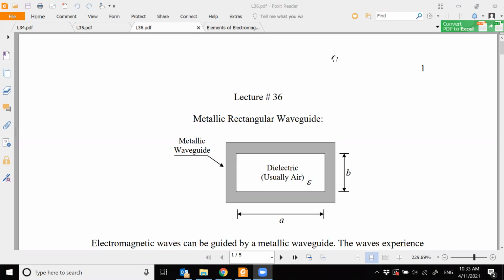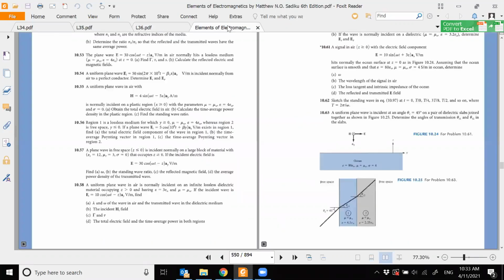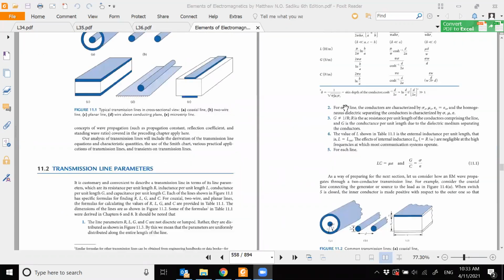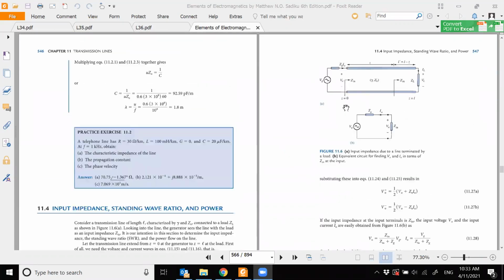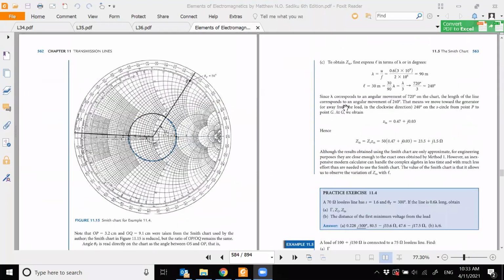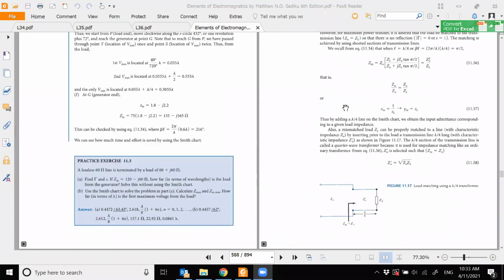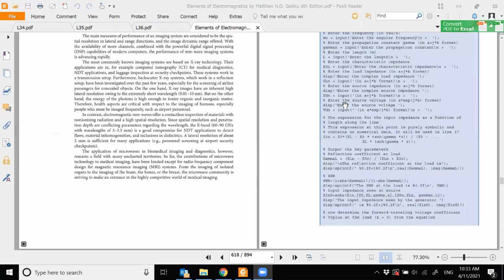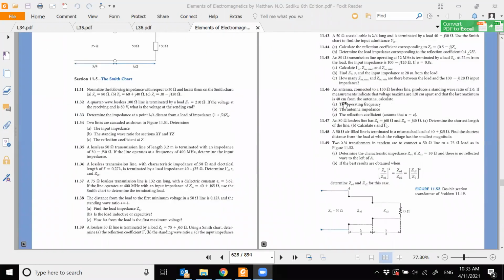Okay, so now let's go to our next chapter, chapter number 12. Again, here our objective is to give you guys some flavor of the application of electromagnetics.